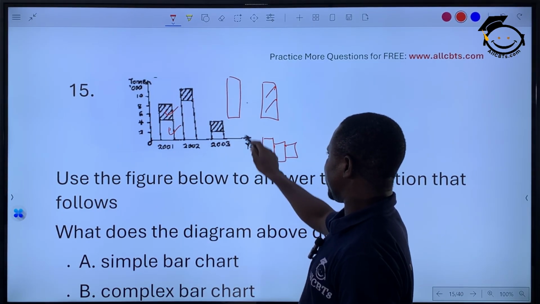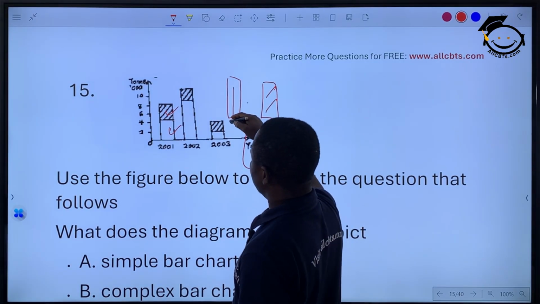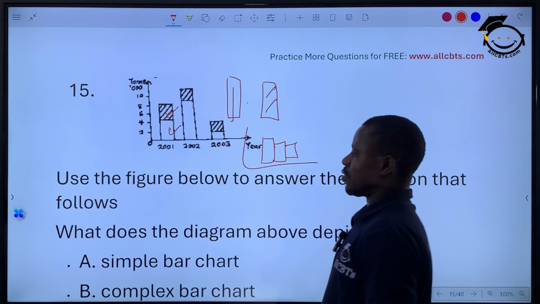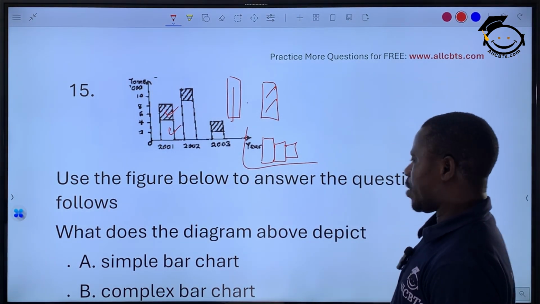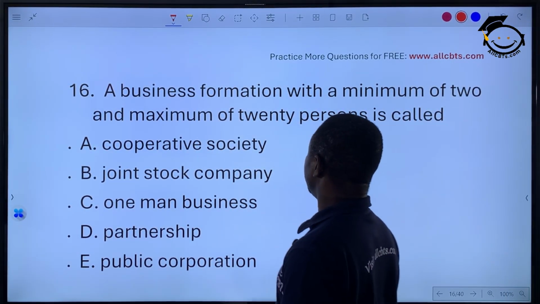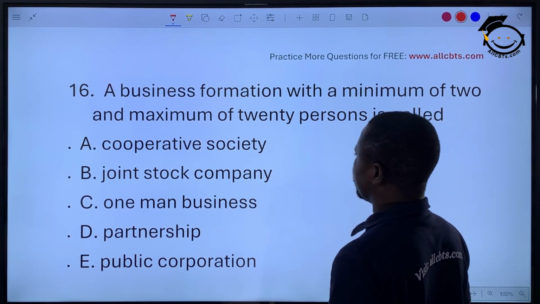This is complex bar charts. Hope you understand. This is simple, carrying only one information. This is component, and this is complex. So the answer to this question is what? Component bar chart.